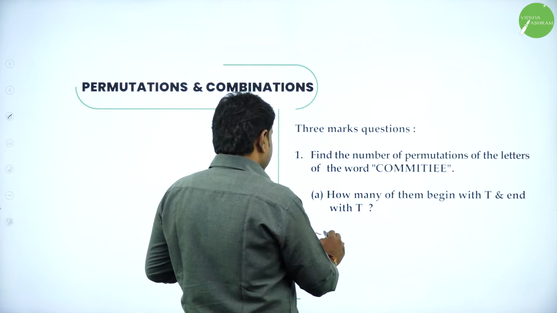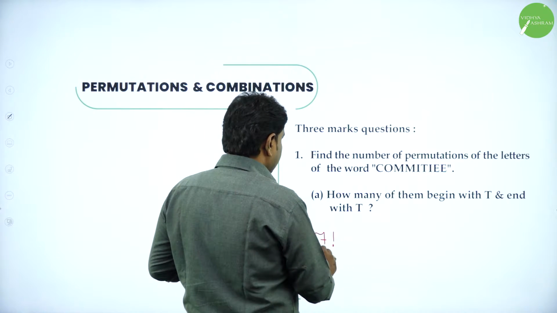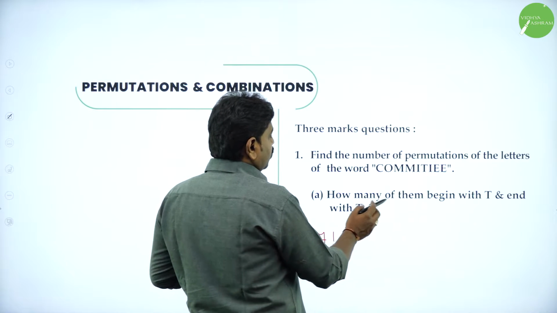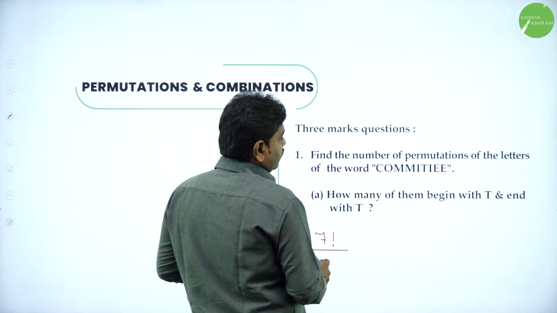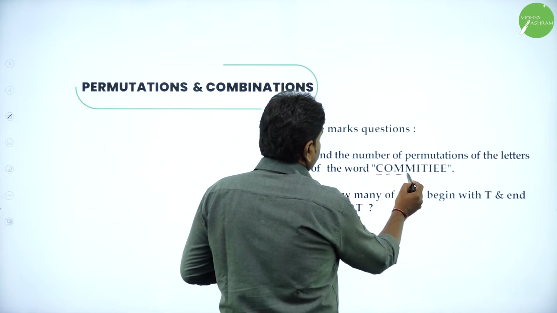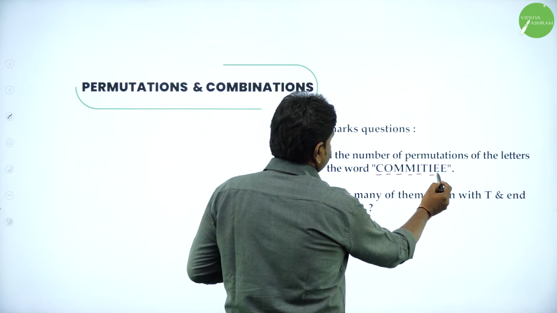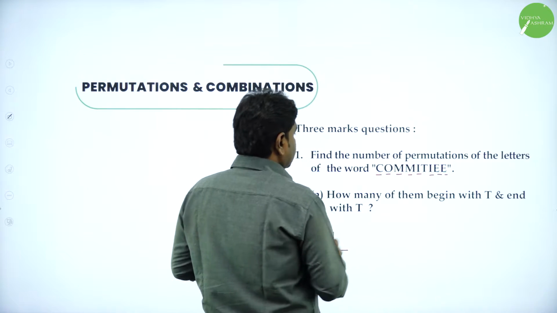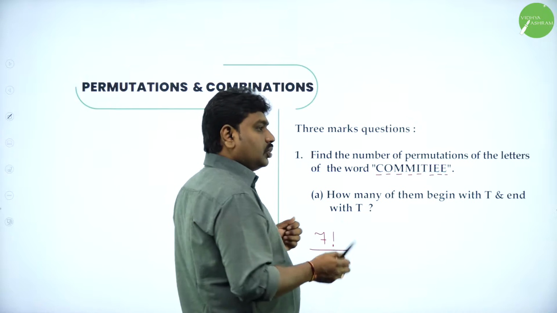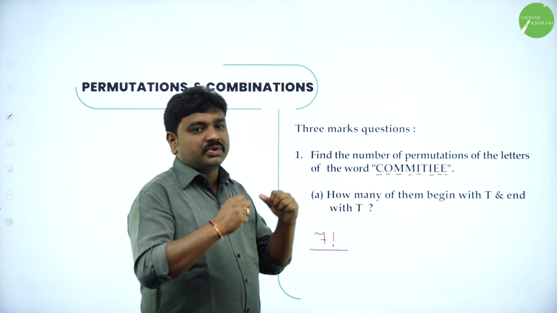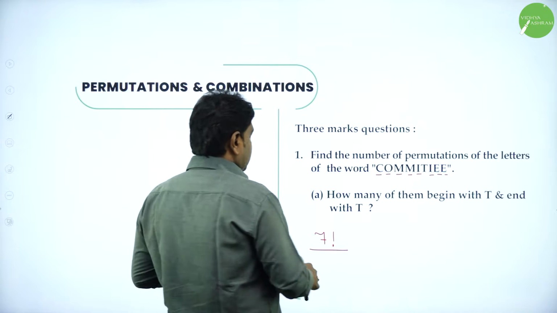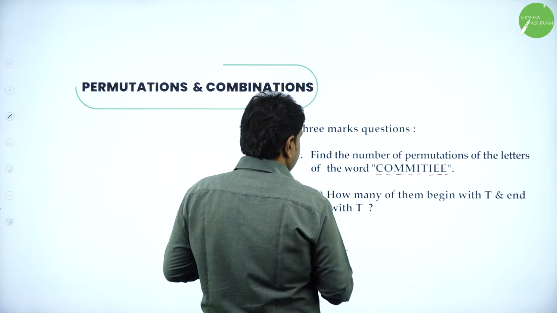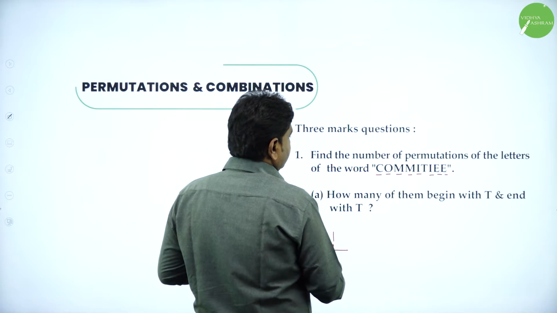So in 7 places, 7 letters other than T can be arranged. So if I remove T, I'll have 1, 2, 3, 4, 5, 6, 7, 8. 8 letters are there. Though there are 8 letters, I have 7 places. So in 7 places, I can fill 7 letters in 7 factorial ways.